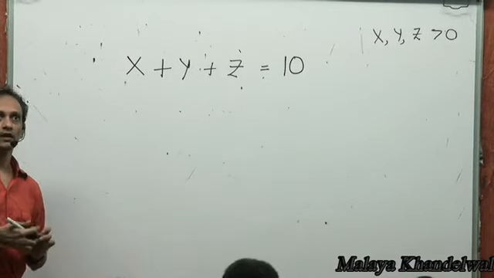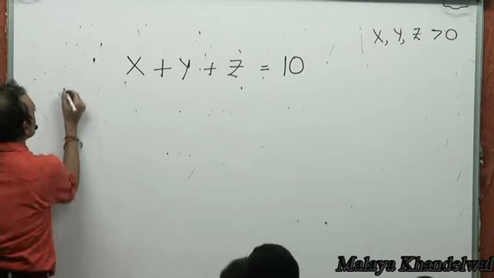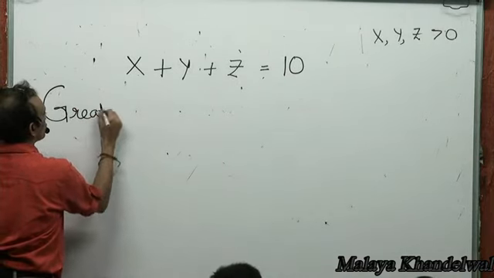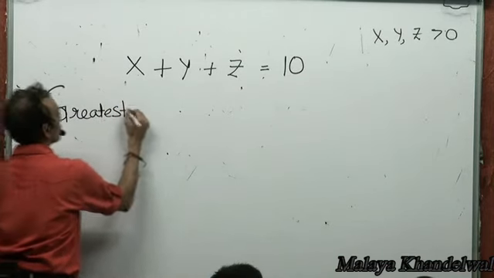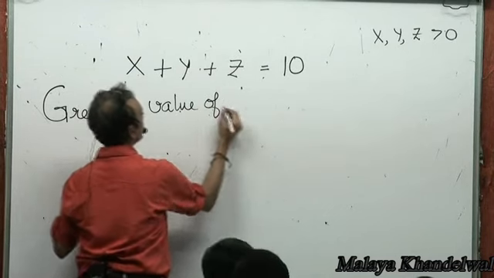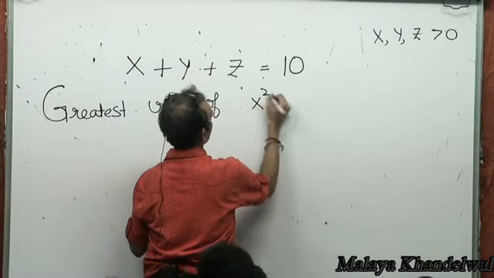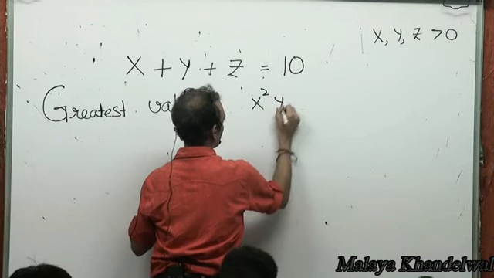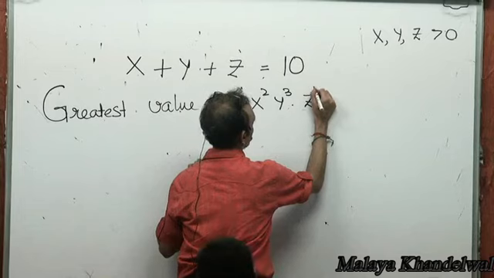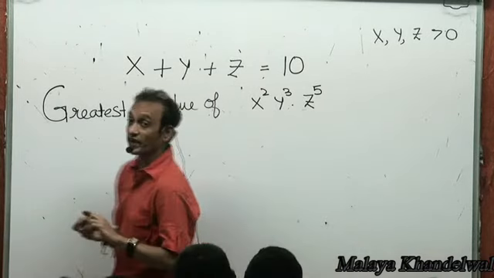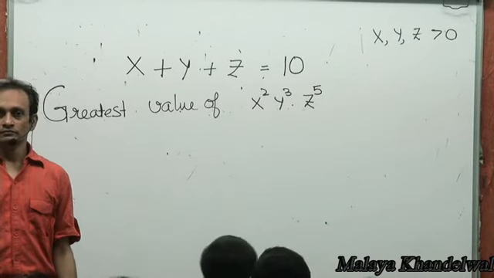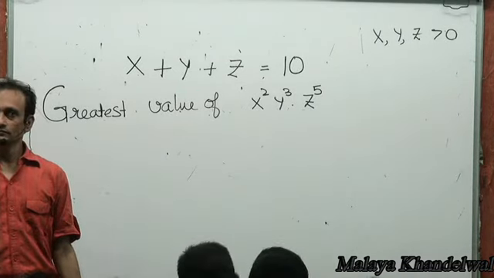And I want to find the greatest value of x squared, y cube, z to the power 5. Suppose I want to find the greatest value of x squared y cube z power 5. Right?